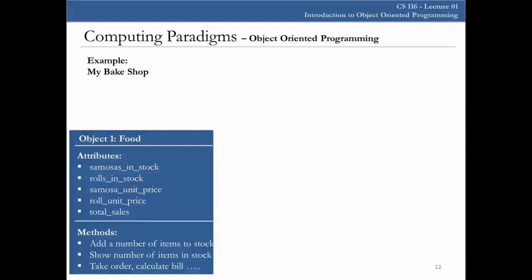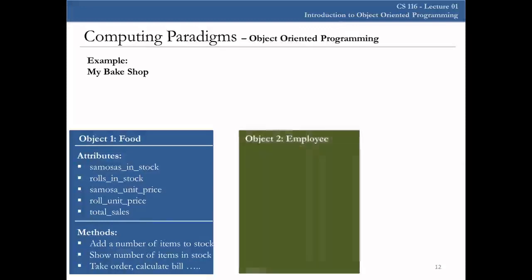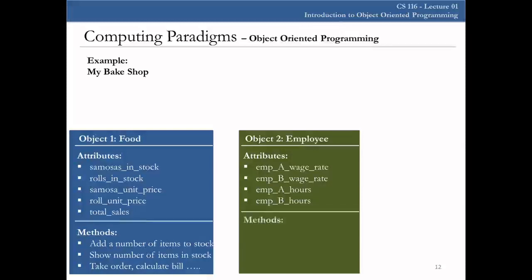This is a single entity, and these attributes and methods are tightly coupled to this object name food, right? Now, similarly, we can define another object, which is employee, and for employee we can have some attributes and some methods, right? This is another capsule, or another box, in which you are placing these attributes and methods, and you are tying these to a new object called employee.